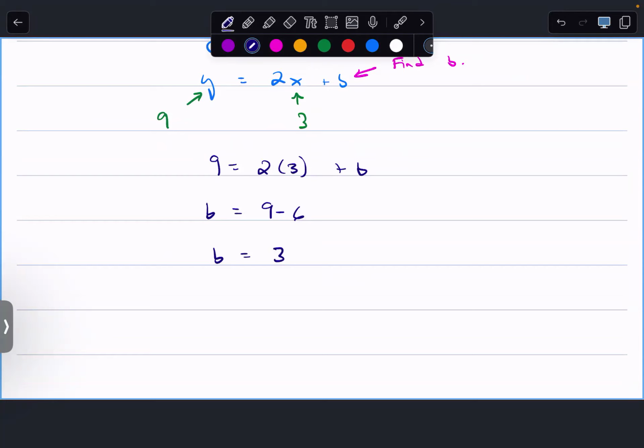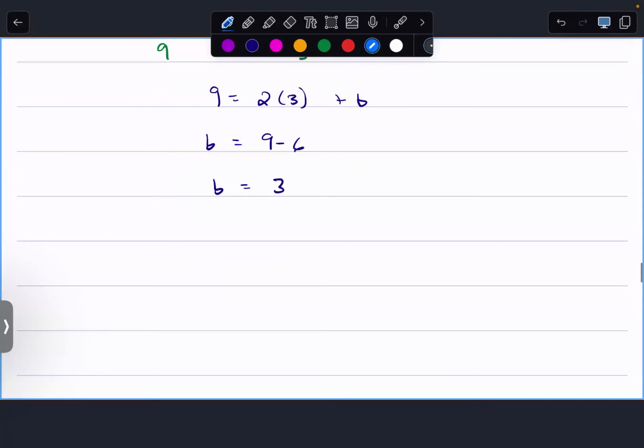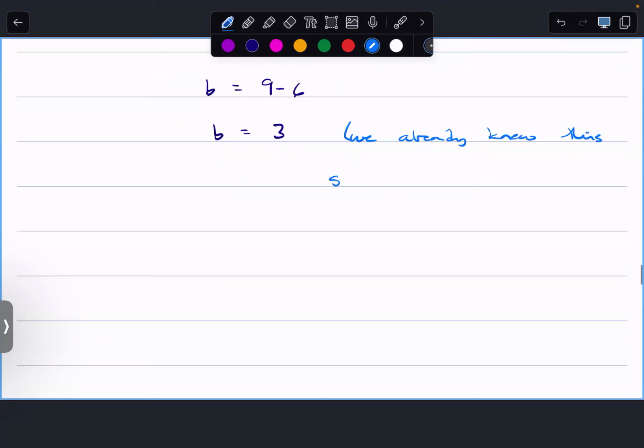Which we already knew, right? Because the b is the y-intercept, where it crosses the y-axis where x is 0. Going back to the general interpretation of the y-intercept, we already knew this, since (0, 3) is on the line.